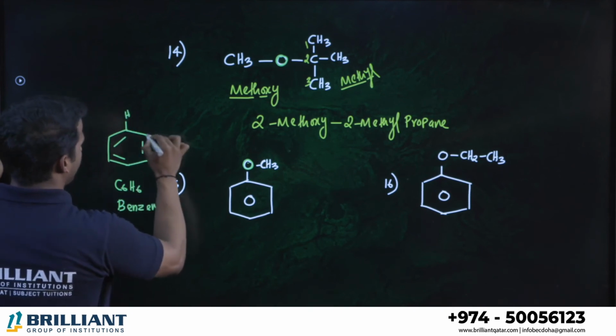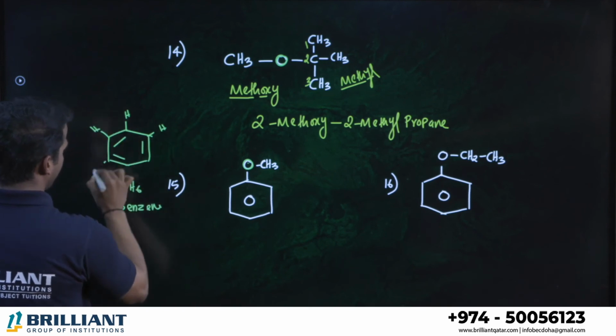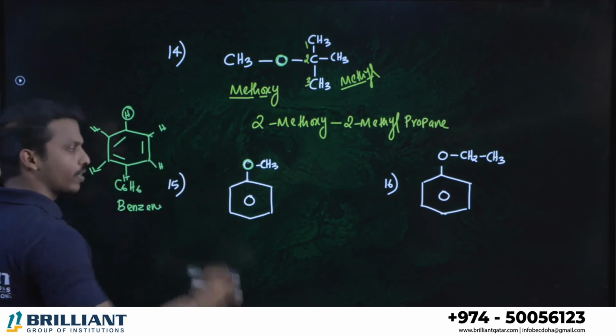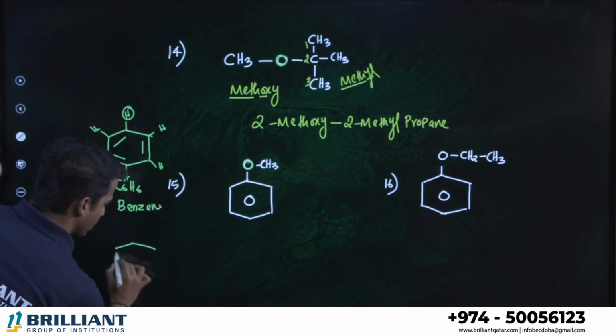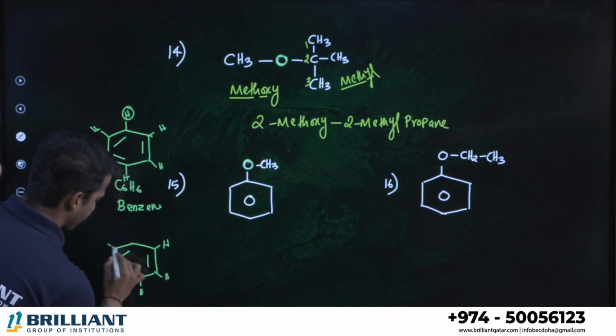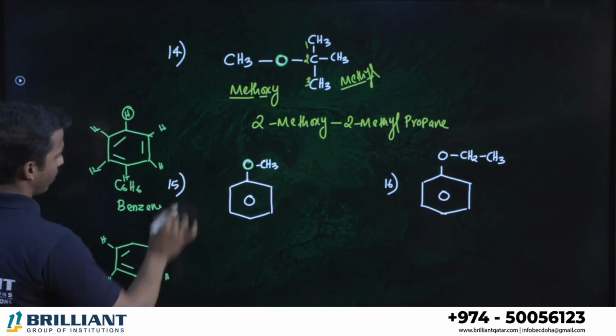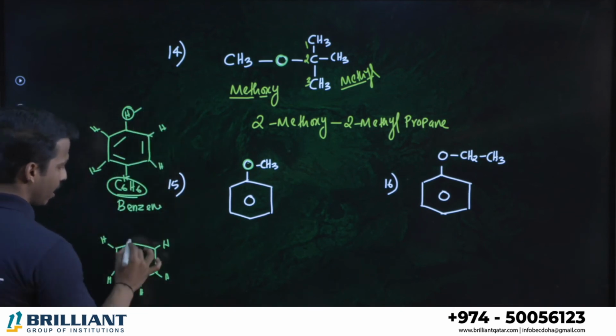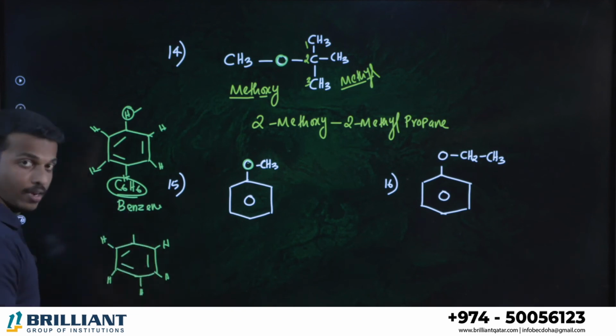In benzene, each carbon contains a hydrogen atom, correct? Because there are 6 carbons and 6 hydrogens. When it loses one of the hydrogens, what is the remaining system? Then this position is vacant, right?